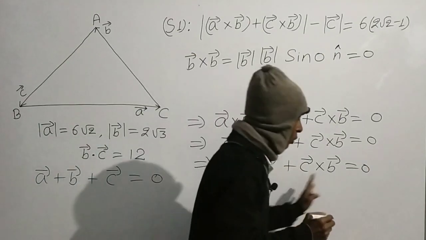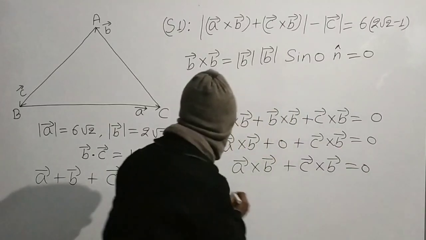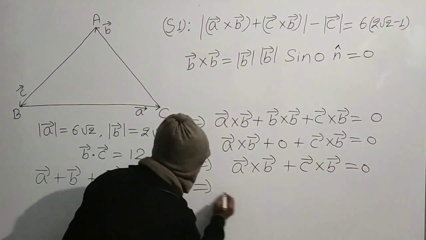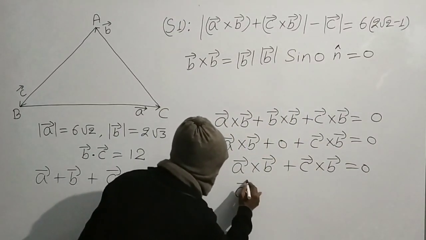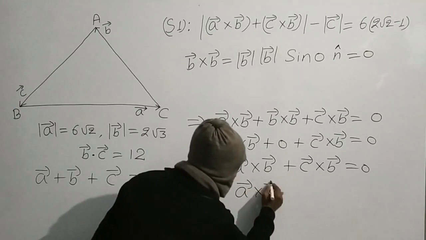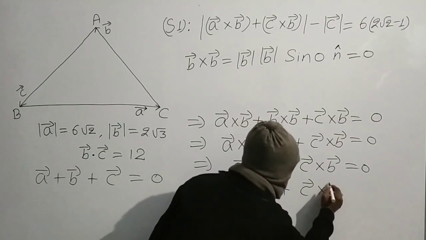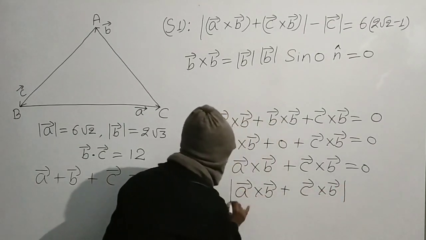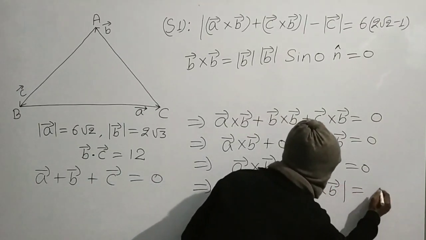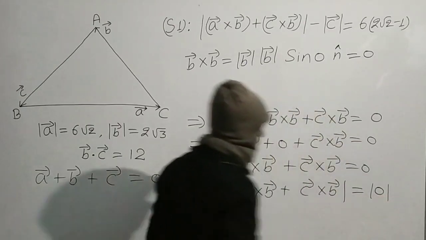Taking mod on both sides, we get mod of A cross B plus C cross B is equal to mod of 0.